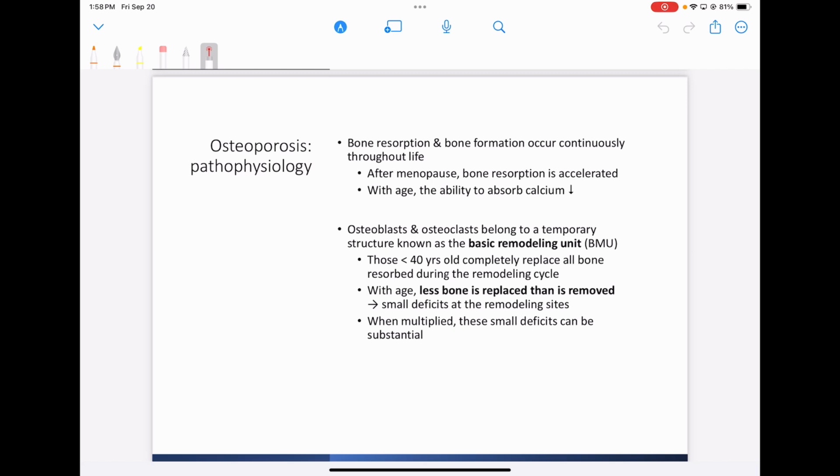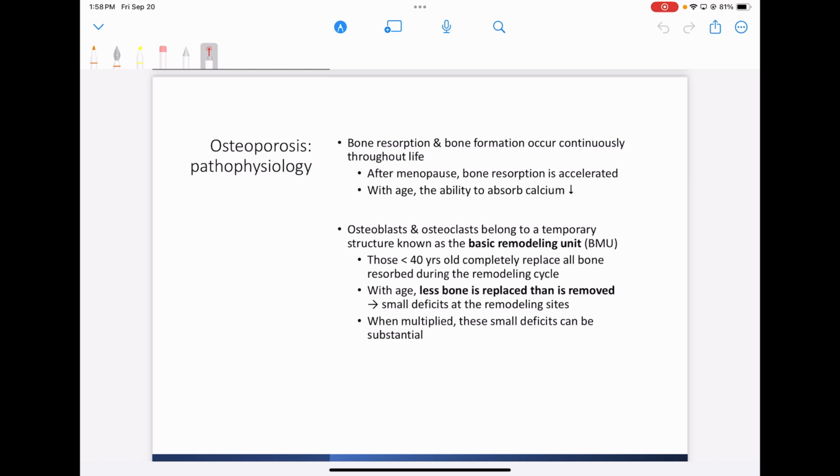So osteoblasts and osteoclasts belong to this thing called a basic remodeling unit of bone. Those less than 40 will replace all the bone resorbed during that remodeling process. So long as you're under 40, metabolically active bone, everything that gets taken away, you replace very easily. With age, less bone is replaced than normal.